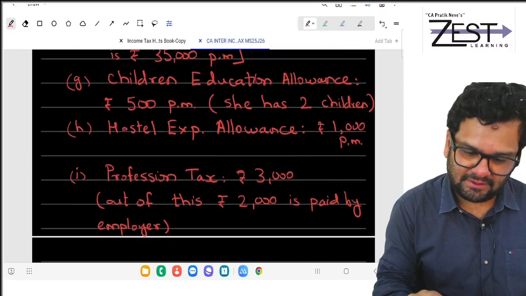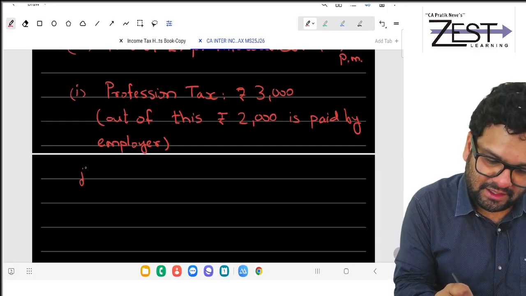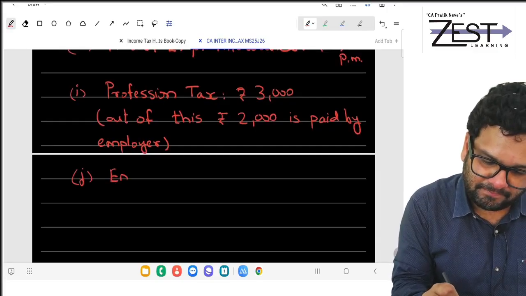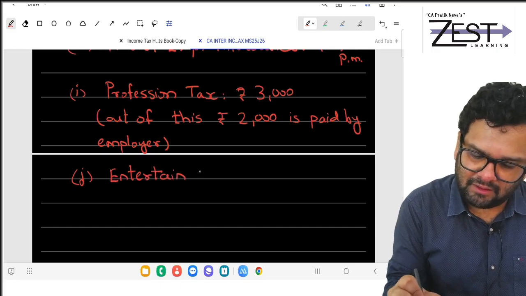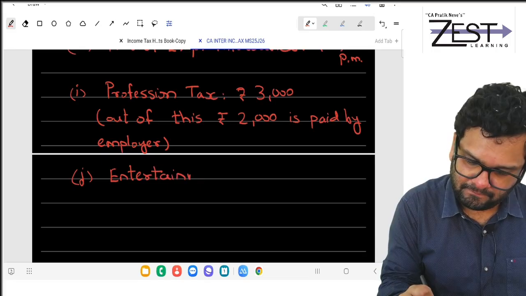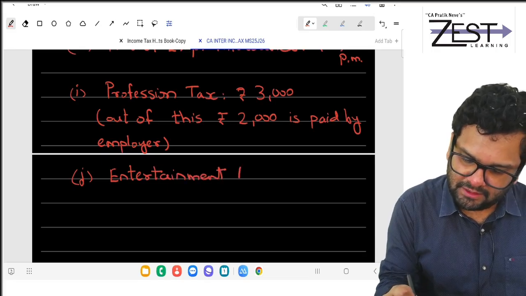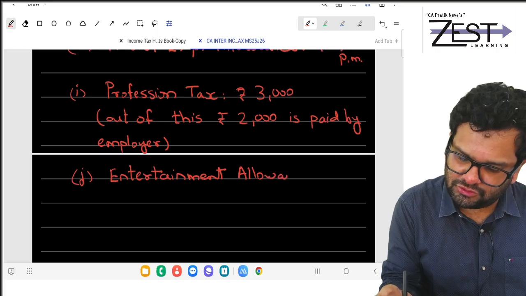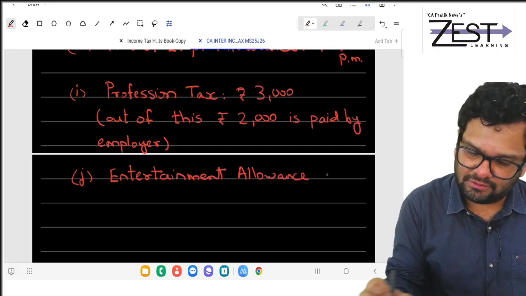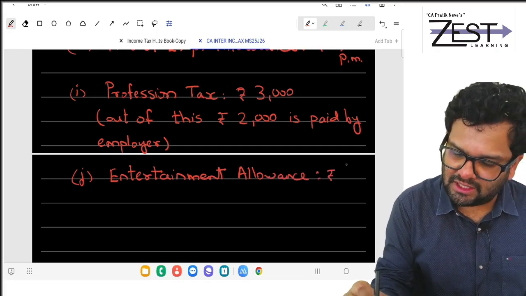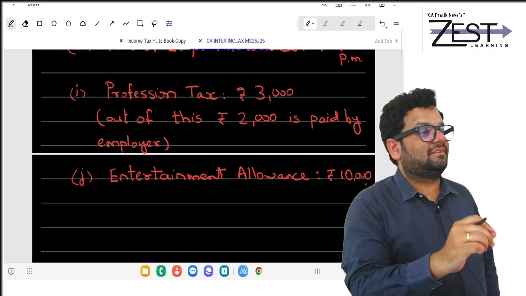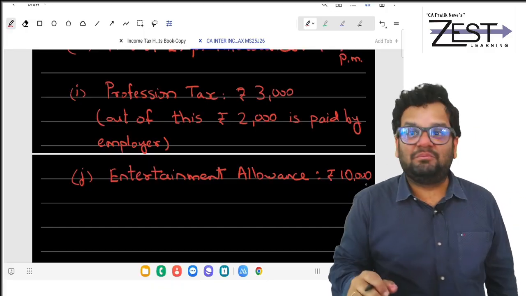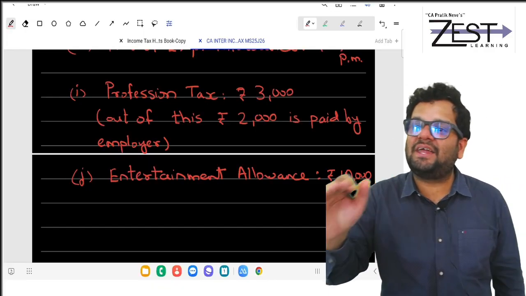Then entertainment allowance. Entertainment allowance is suppose 10,000. Not per month, I'm just saying 10,000, means it is per annum.